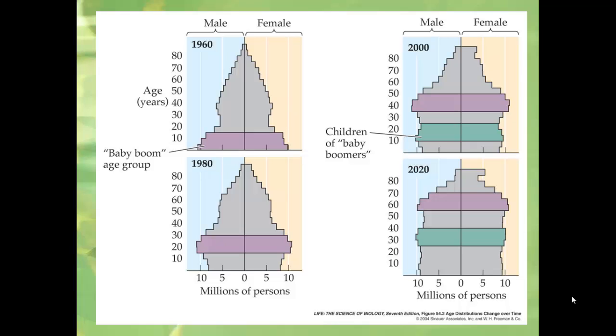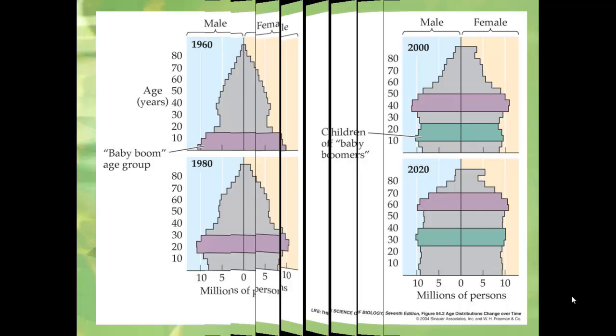And then if you look to the top right in the 2000s, those children are going to have children, and since there was a high number of baby boomers, the children of the baby boomers are also going to have high numbers. So, as predicted in 2020, each time the baby boomers have babies and their offspring have offspring, the numbers are going to increase. This is why it is important to look at the age distribution of males and females in population ecology.